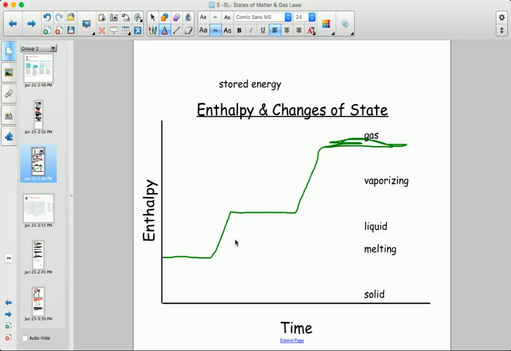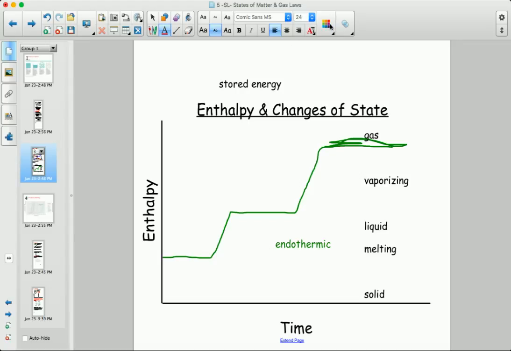So what I've just shown here, melting and vaporizing and also sublimation, are what we call endothermic processes because heat, thermal energy, is going into the substance. And so we'll make that green as well. So these phase changes, the vaporizing and the melting, those are endothermic processes.